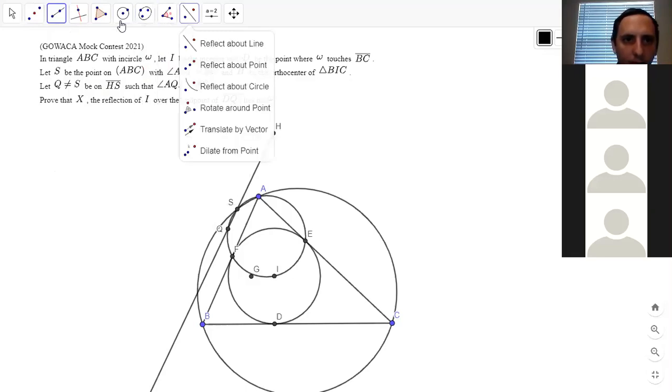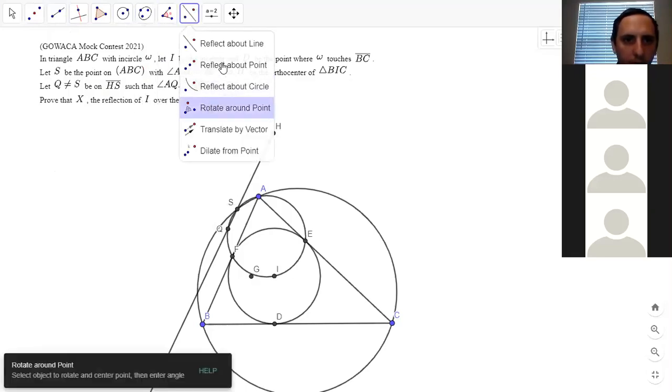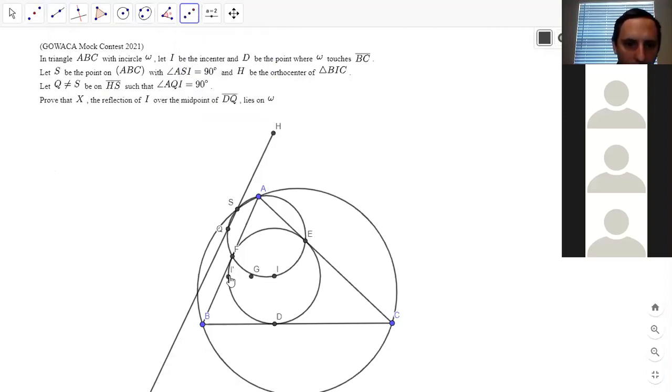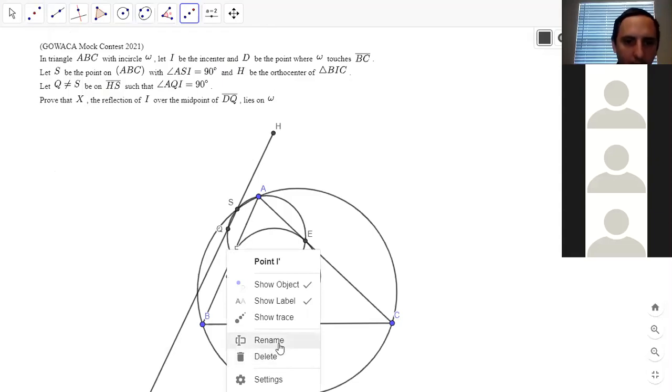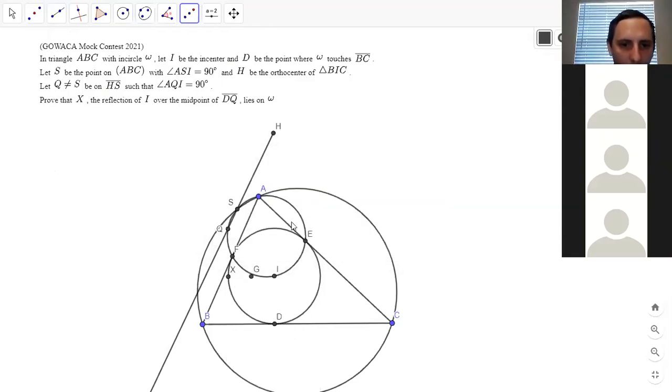Or I'll reflect about the point and I will call it X. So it looks like that lies on the incircle. I don't know if that's obvious. Oh, that's the problem, to prove it lies on the incircle.